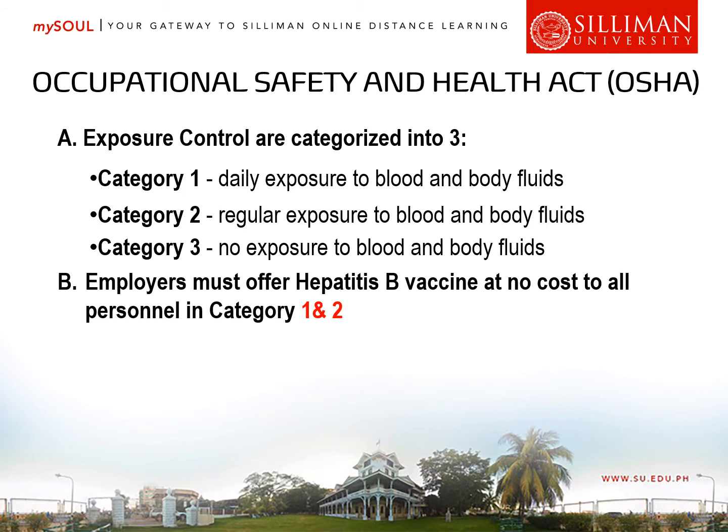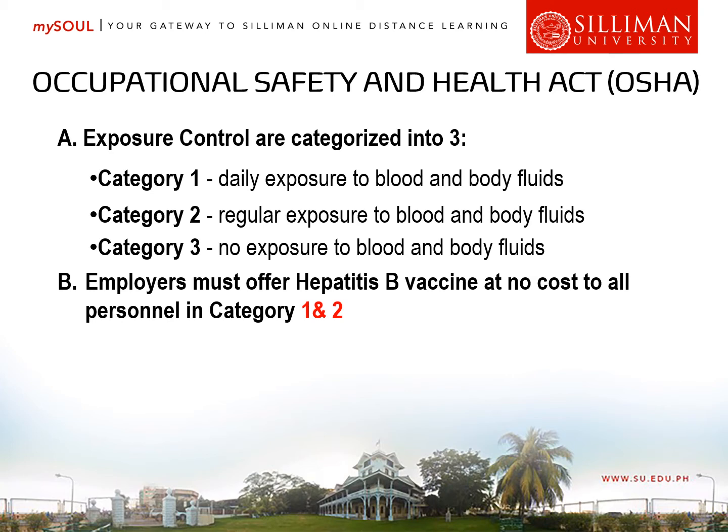Under Occupational Safety and Health Act, we also have individuals who are categorized into three under exposure control. So we have category 1 if a person has a daily exposure to blood and body fluids, category 2 for a person with regular exposure, and category 3 with no exposure to blood and body fluids.